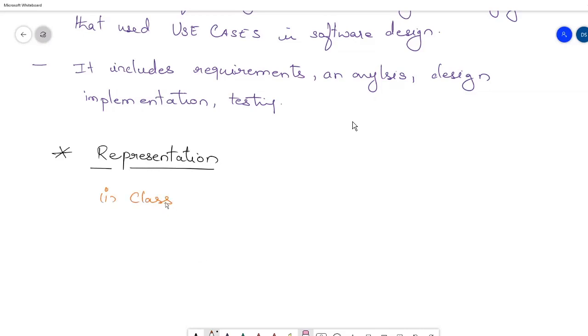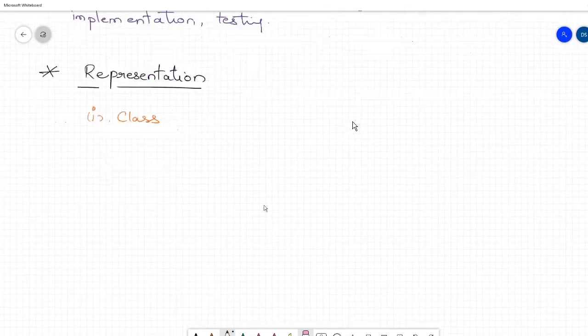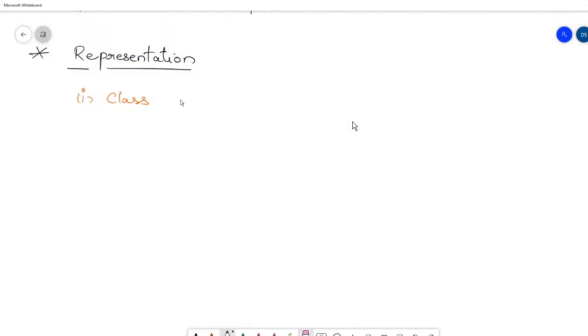Now, how would a class be represented in a diagram? A class is always represented by a rectangular box. The rectangle would be like this. On the top would always be the class name.